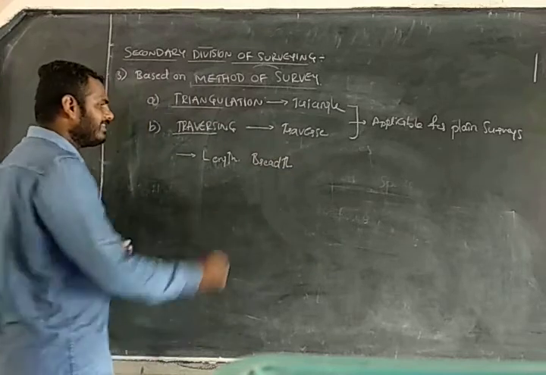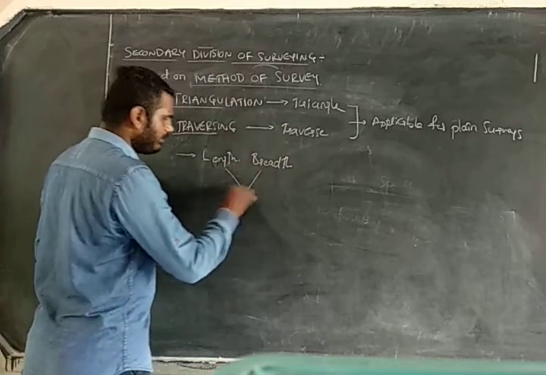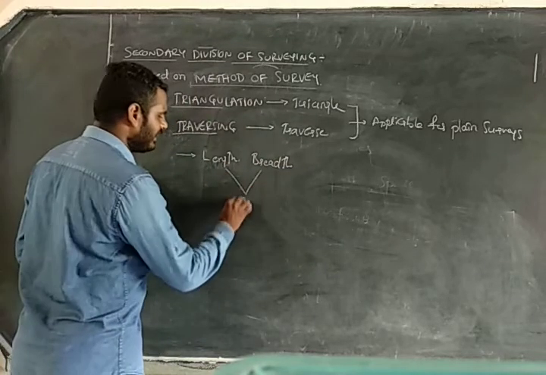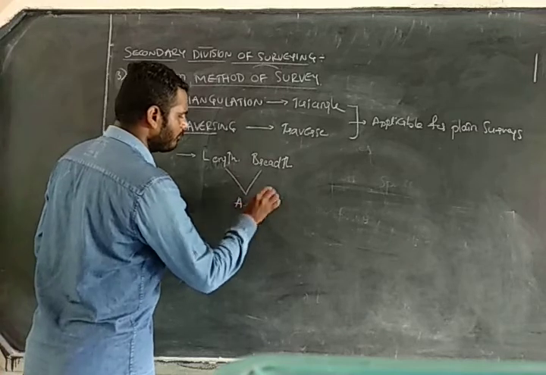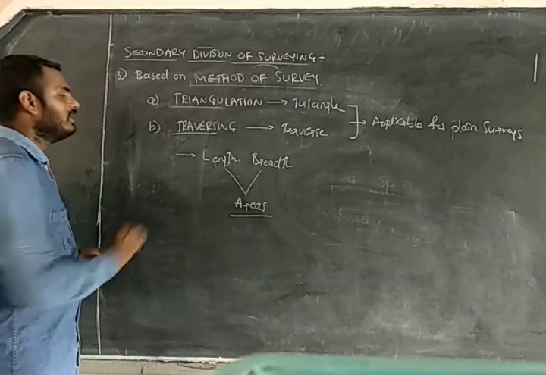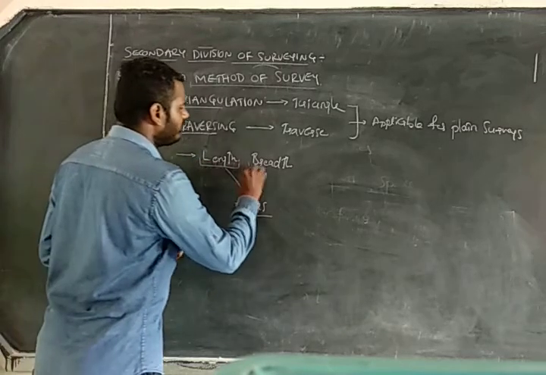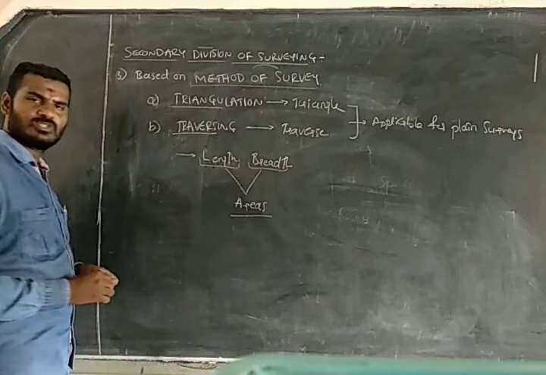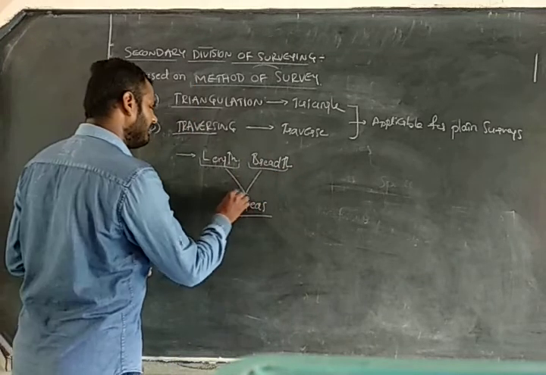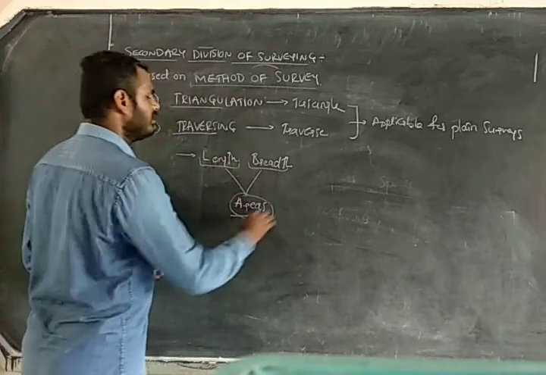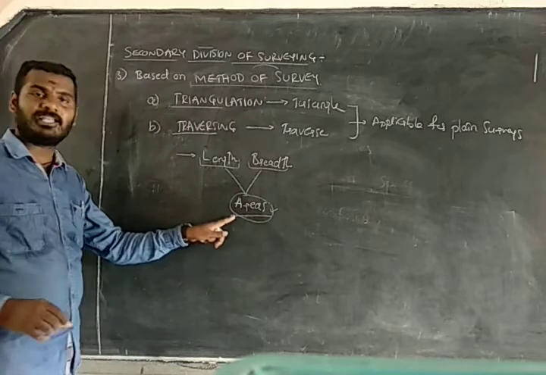Okay, and by using these two parameters, we calculate the areas. So measuring length, breadth, any horizontal distances over the ground, and with the help of those measurements, calculating the areas. Which areas? Plain areas.